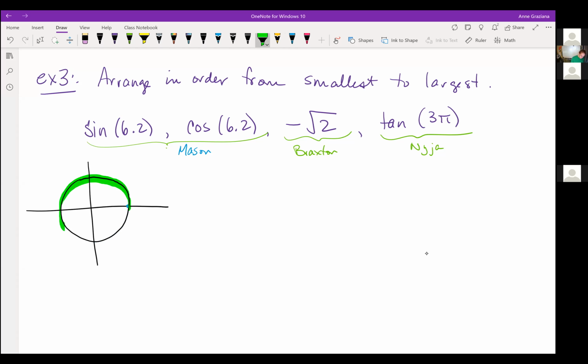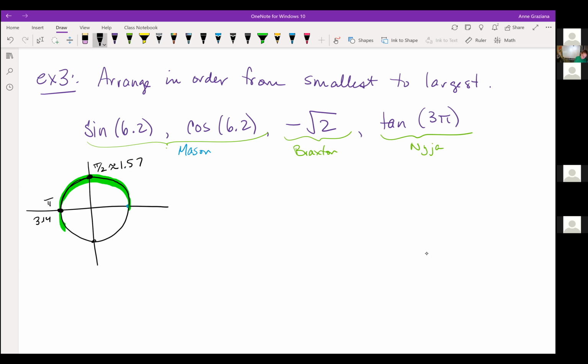Would it be there? Okay, so let's analyze that. You've got to know your points. This is pi over 2, which is about how much? 1.57. You have to know that. Memorize. Okay. If I keep going, I get to this point, which is 3.14. Yes, good.